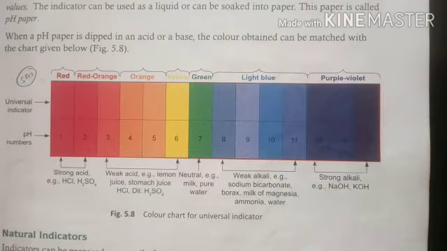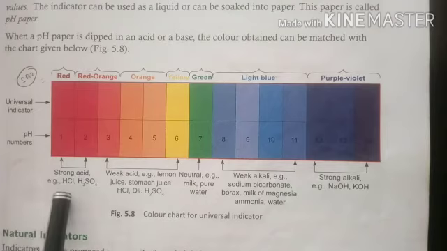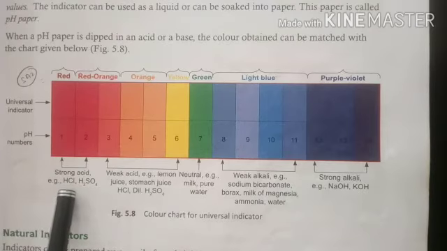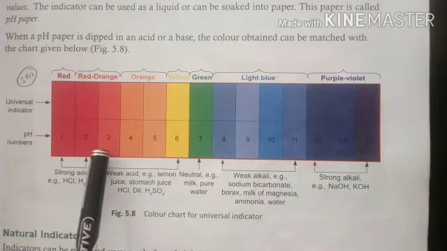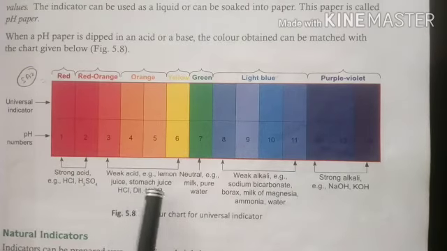The numbers 1 to 2 are dark red in color. That is strong acid, containing HCl and H2SO4. The numbers 3 to 6 are weak acids, like lemon juice, stomach juice, dilute HCl and dilute H2SO4.